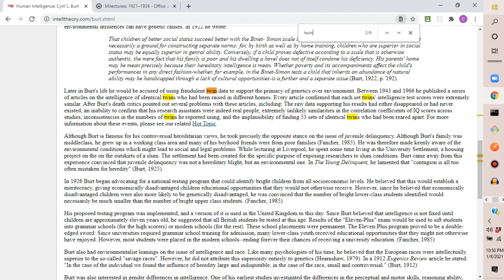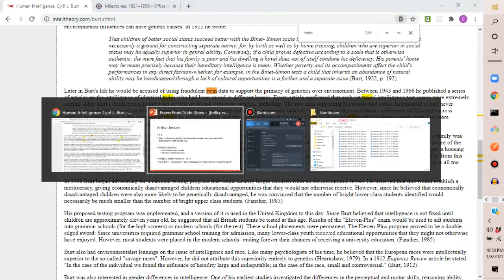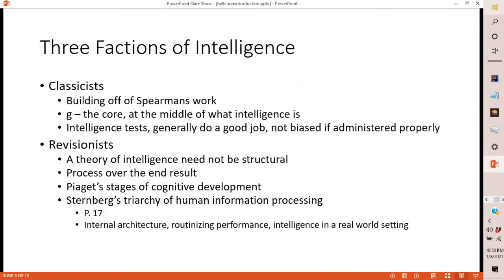And the authors, Charles and Richard, let me go back to the slides, kind of write that he was proven right, on page 12. An ironic afterword centers on Burt's claim that the correlation between IQs of identical twins reared apart is positive 0.77, relatively strong.